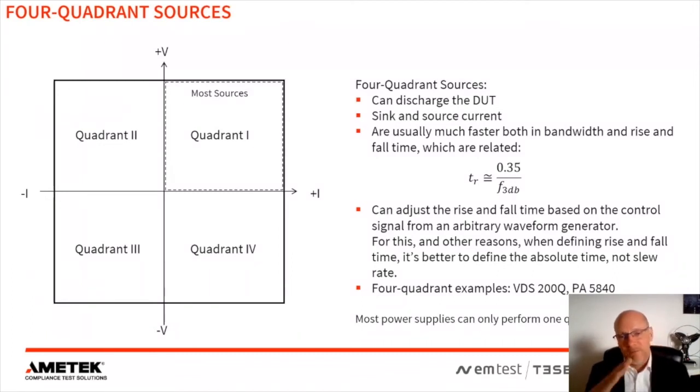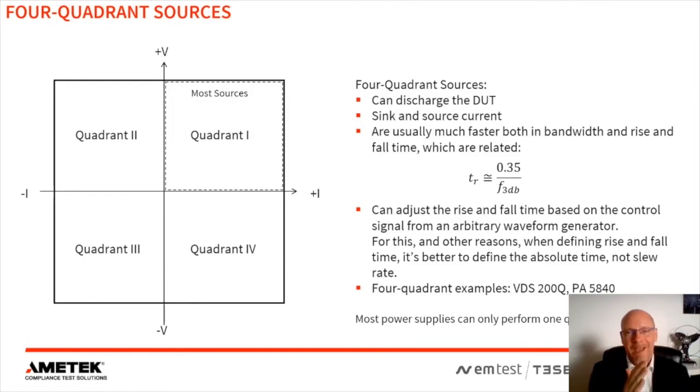But you can effectively adjust the rise and fall time based on the control signal from an arbitrary waveform generator or something like that. Just a hint to standards writers, usually it's better to define an actual rise and fall time instead of slew rate, because slew rate is what happens in some amplifiers, not our amplifiers, but some amplifiers, when they're absolutely at their limit of rise and fall time.